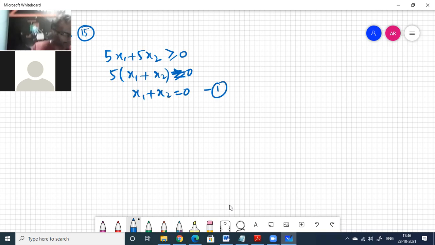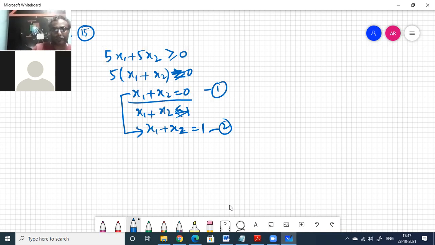This is one constraint. The other constraint is x1 plus x2 less than or equal to 1, so x1 plus x2 equal to 1. These two are contradictory. Either x1 plus x2 equal to 0 or x1 plus x2 equal to 1, so these two lines will never meet.